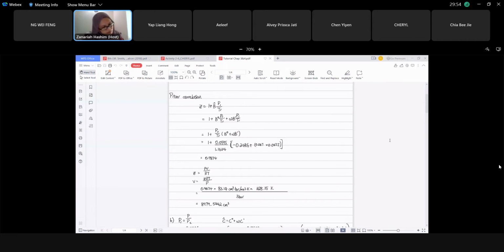Oh, sini. Mana saya nak tulis? So basically, if using Lee Kessler, you just need to interpolate with the table behind, right? Using the Z. Yes. Okay. You just need to use Appendix E. Okay, maybe I will just write somewhere here.